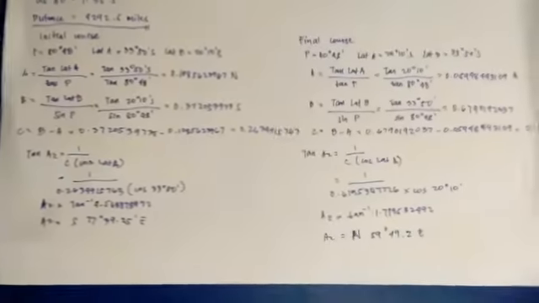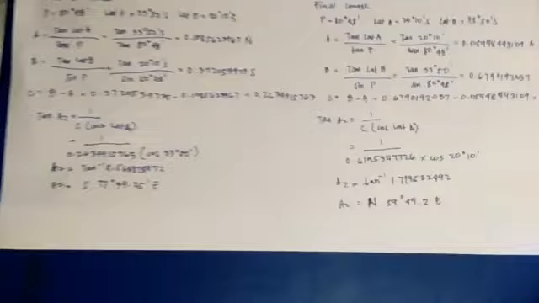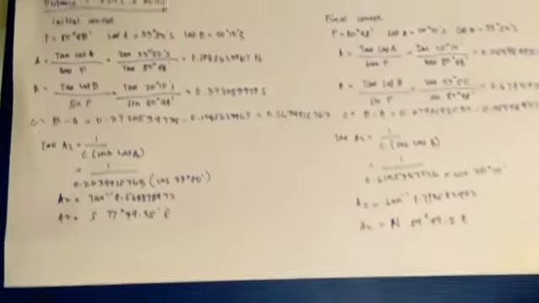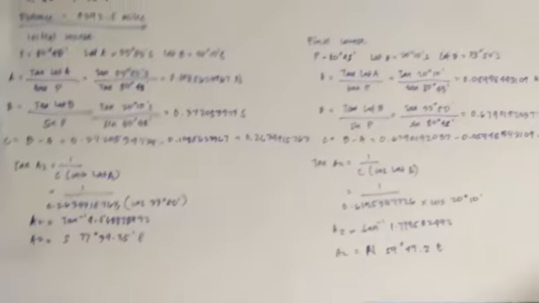So since we already have our initial course and final course, we need to get the true course of the initial course and the true course of the final course.